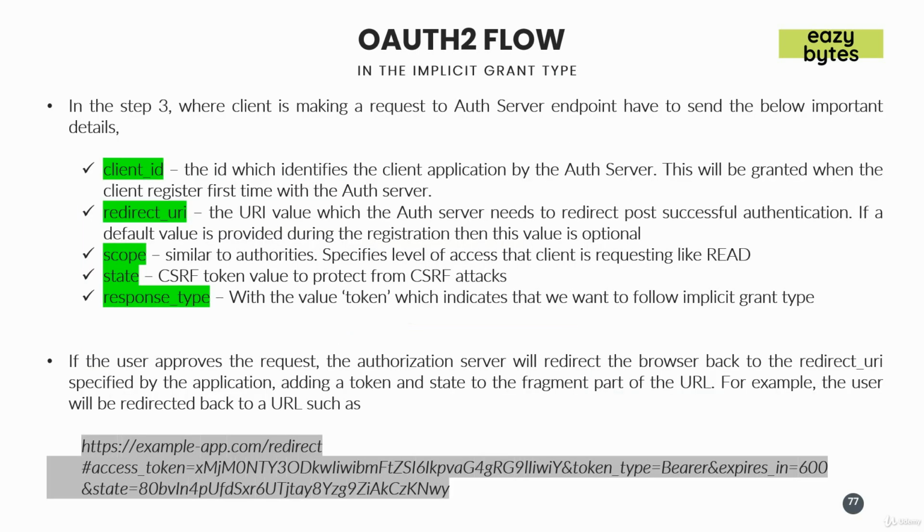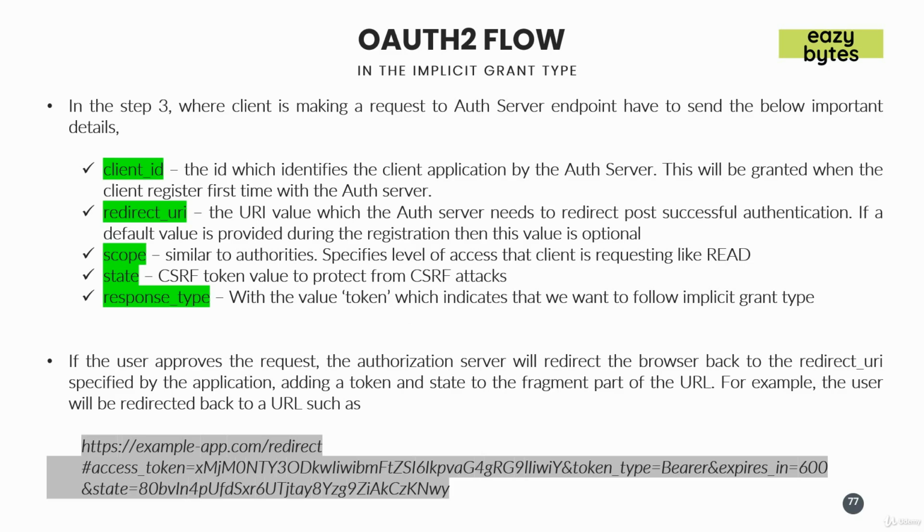If you observe, in step 3, the client has to send the following details to the auth server in order to get an access token. One is the client ID, which it received from Google during its initial registration. Second is the redirect URI, the URI where the redirection has to happen after successful authentication. Third is the scope, similar to our authorities.